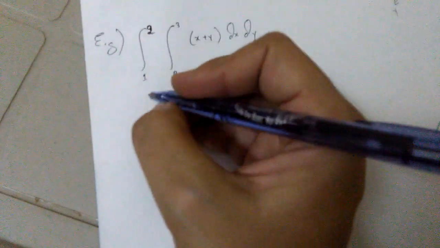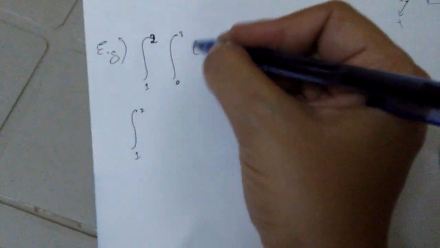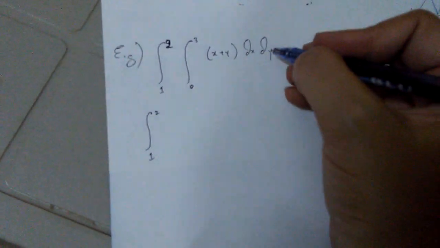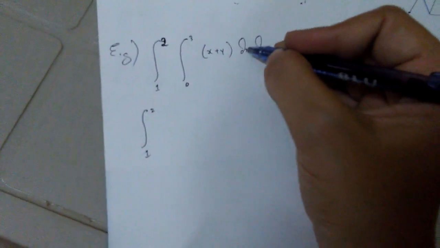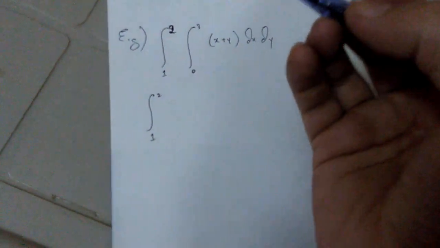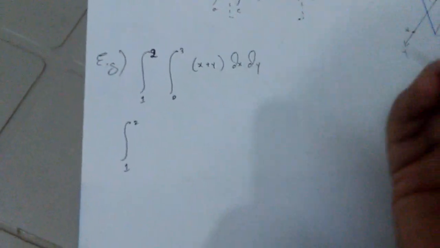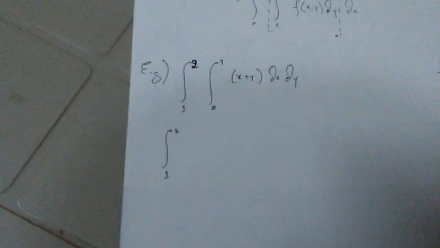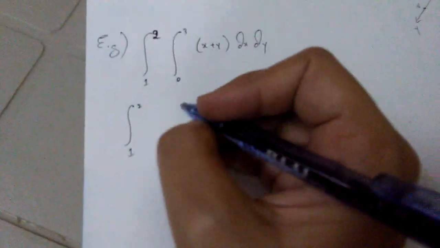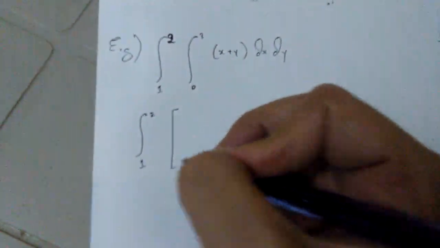Now I'm going to integrate this integrand, keeping y fixed, with respect to x. Here you can suppose that y is just a constant number. You're just going to assume it like this. So I just maintain here a bracket.